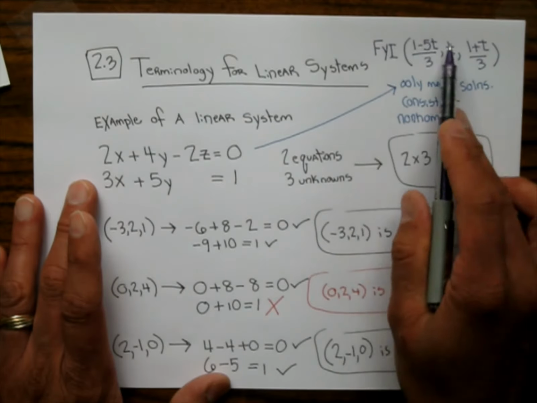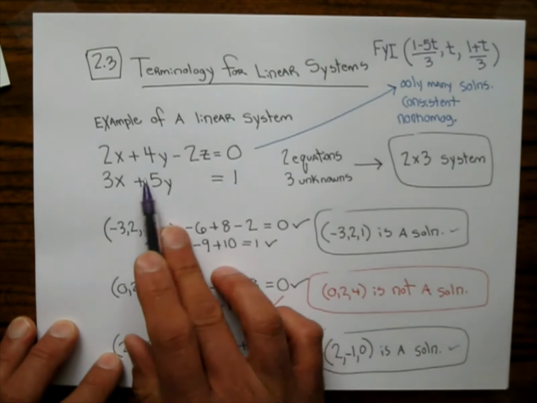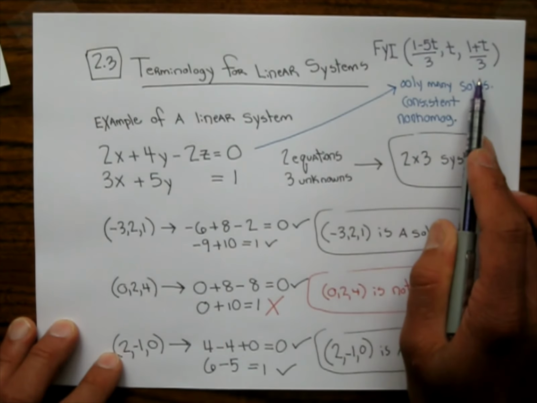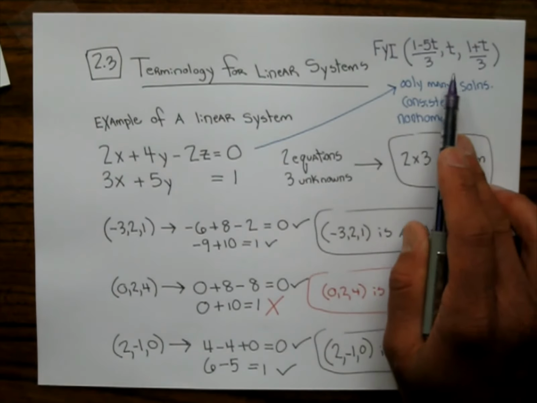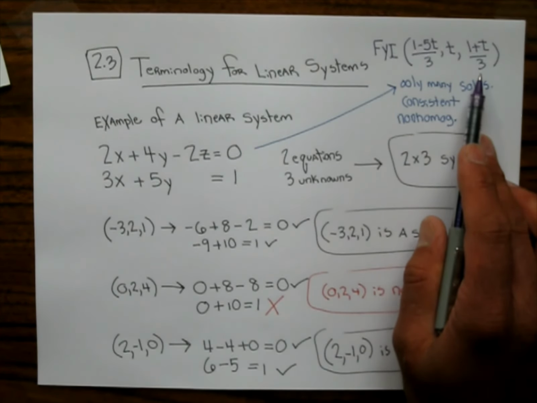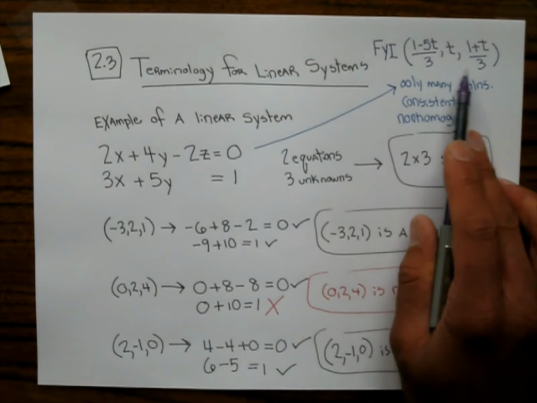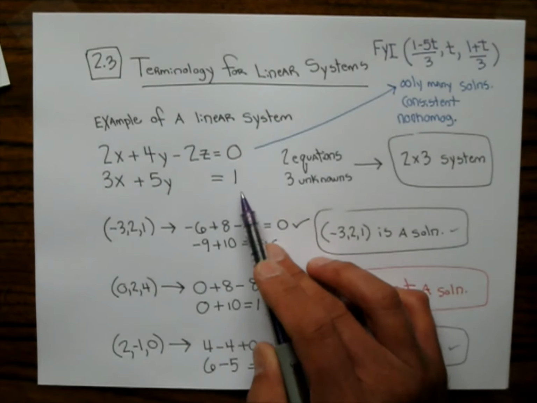So we're going to learn in this class, given a system like this, how to find the solutions. And you might remember, if you had calculus 3, this is a parameterization of a line in 3-space. And so this line is where the 2 planes intersect.